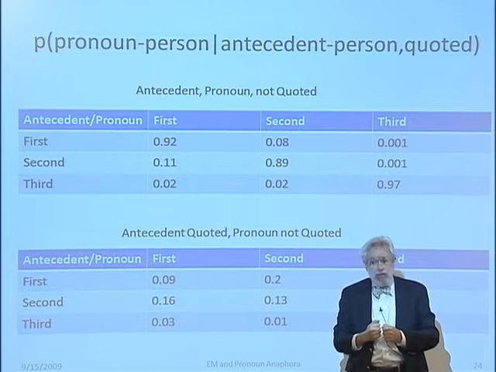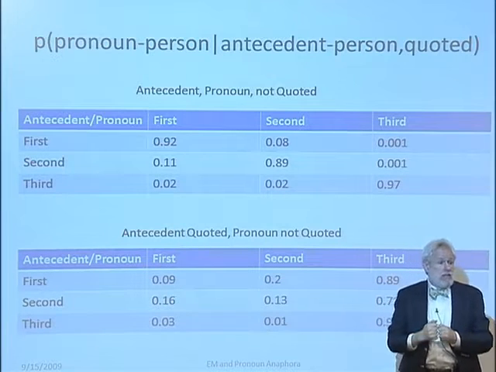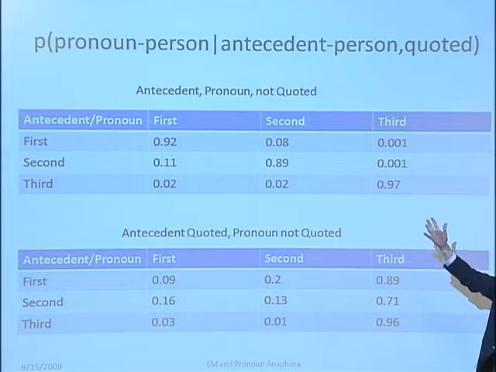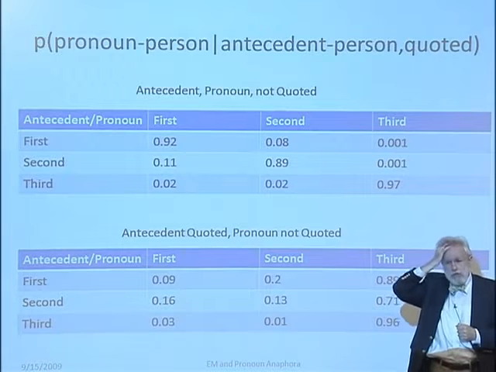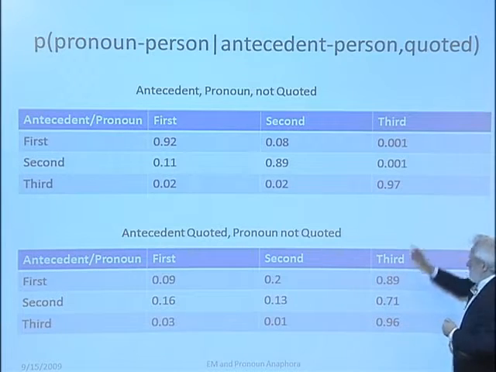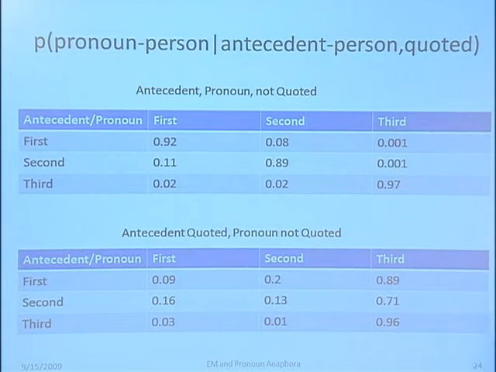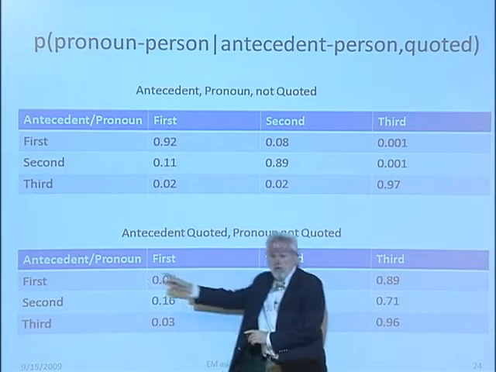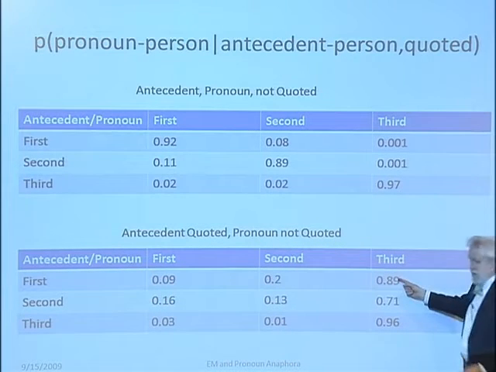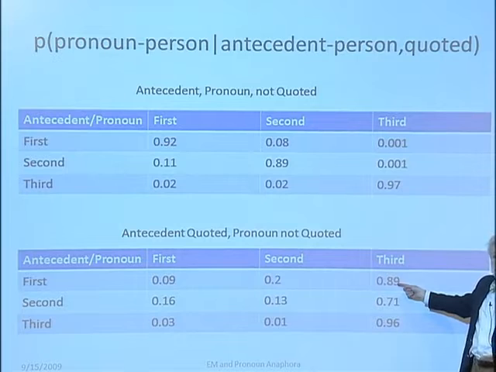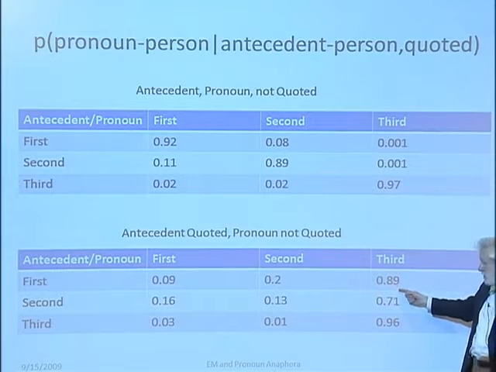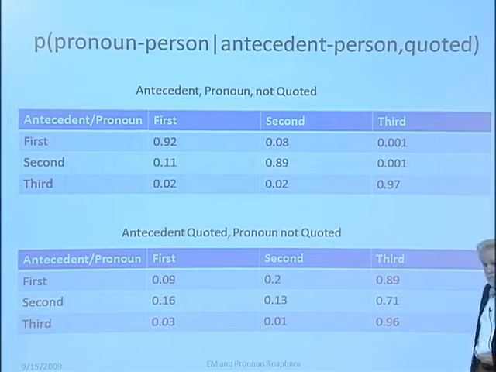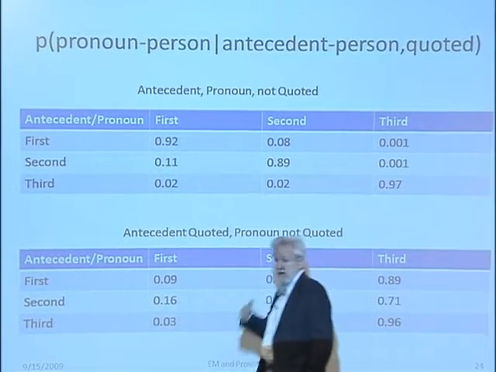And so the piece in the non-quoted text is probably going to be third person no matter what, and sure enough, that's what you see here. So if we had a first person antecedent, but it was quoted and you're not, then you're probably going to still be third person. Similarly for second and third. And again, these are all learned by EM.